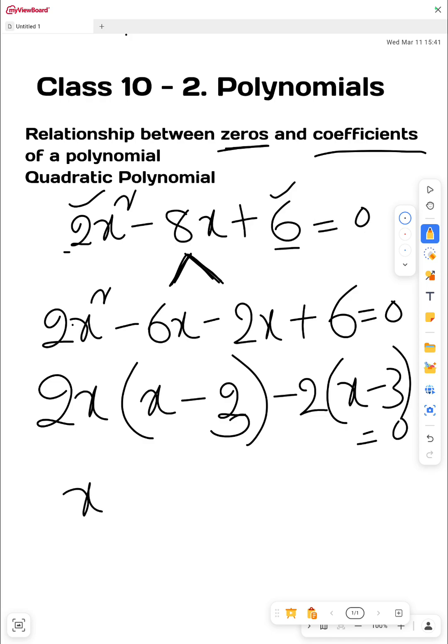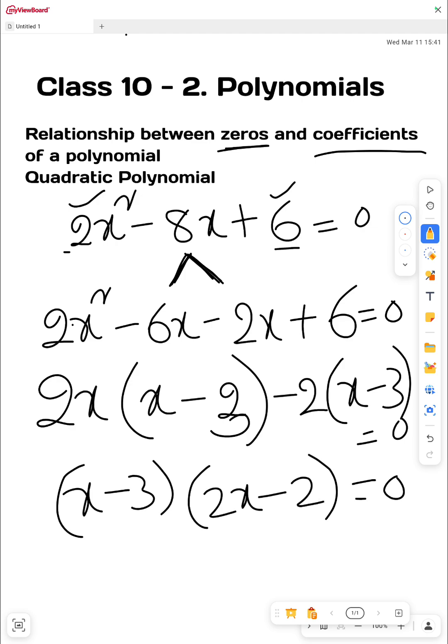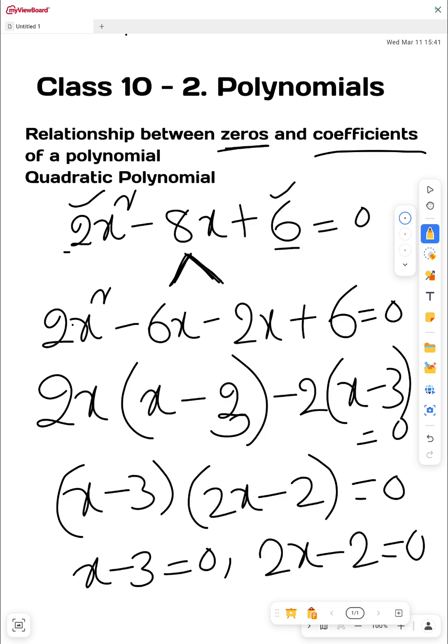Then take x minus 3 common in this equation, and I will get 2x minus 2. Now x minus 3 is equal to 0 and 2x minus 2 is equal to 0. Now we will see what we get: x is equal to 3 and x is equal to 1.